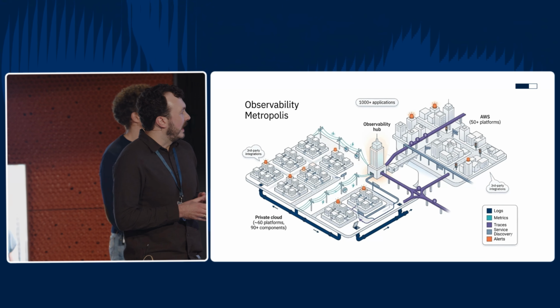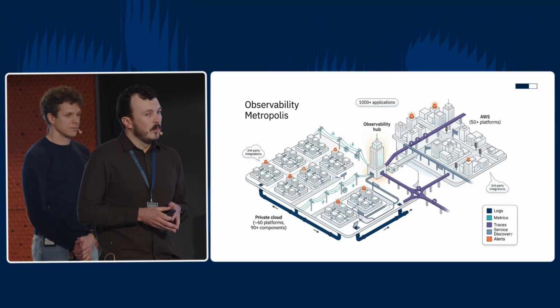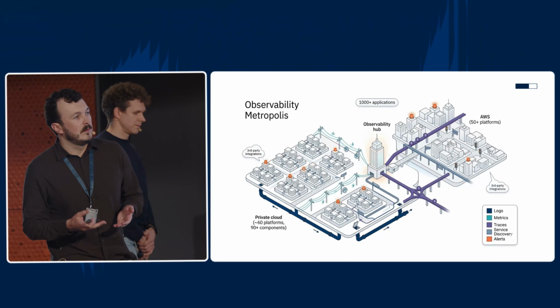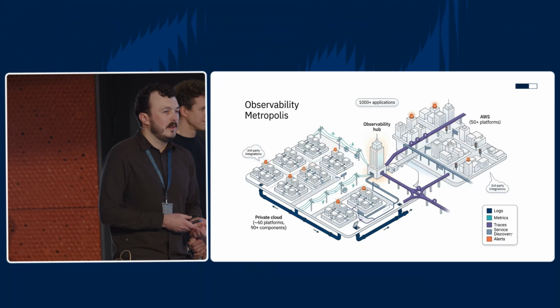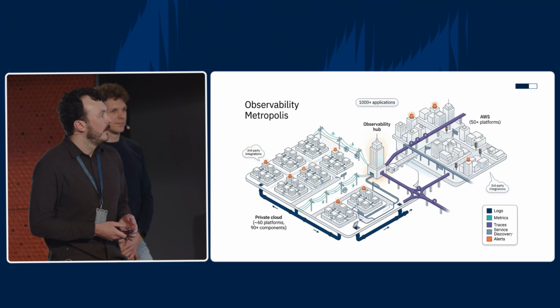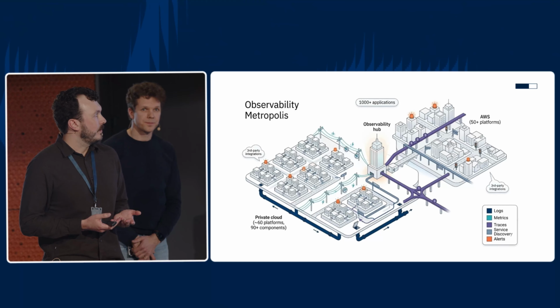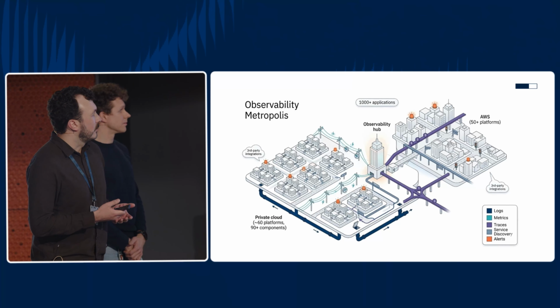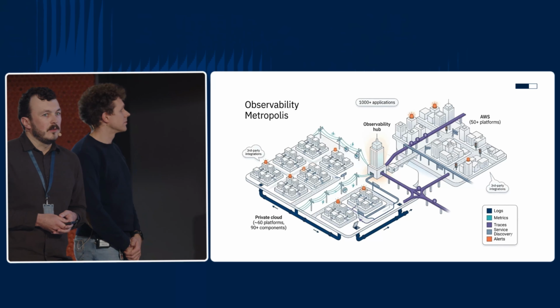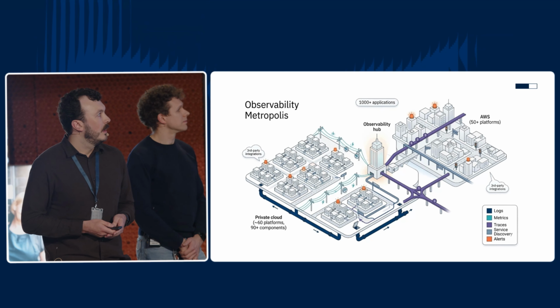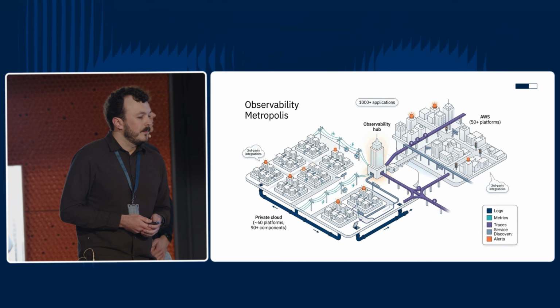All of those platforms are there to support over 1,000 applications. Each of them might have dozens or hundreds of different deployments, different microservices, and they might rely on dozens of different platforms. To really crank the complexity dial up, we are now migrating to AWS, which is another 50 platforms right there, and growing constantly.